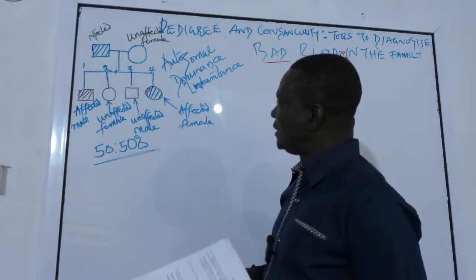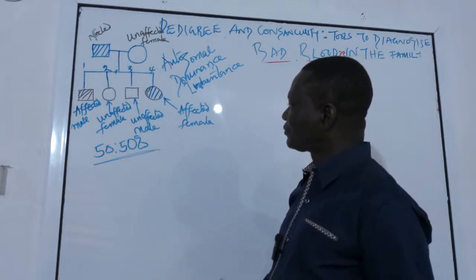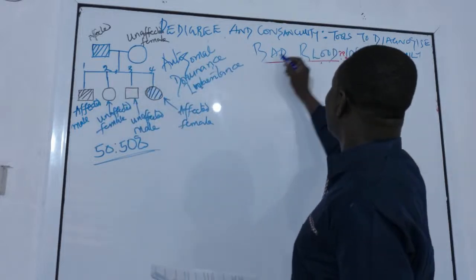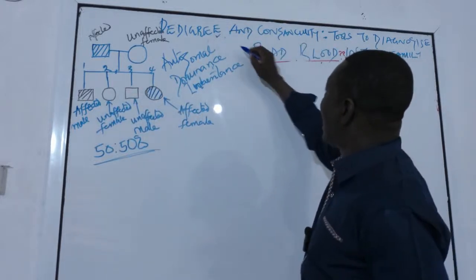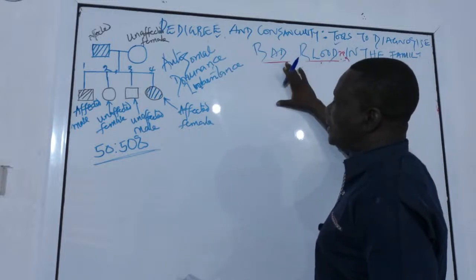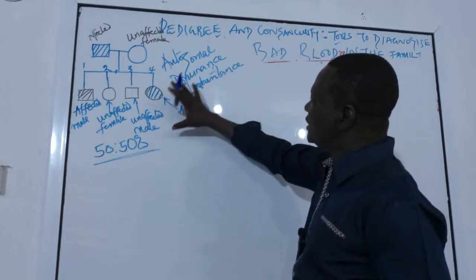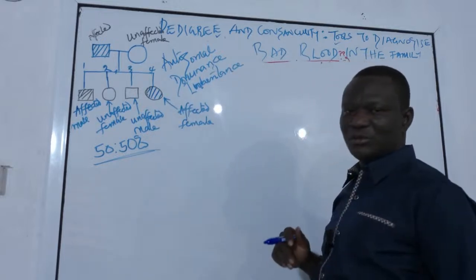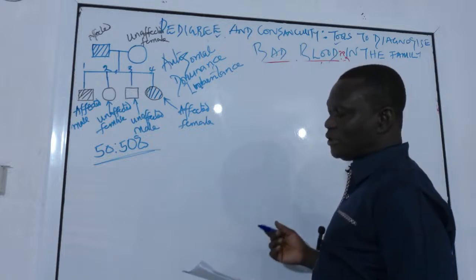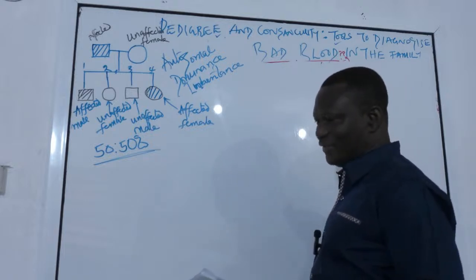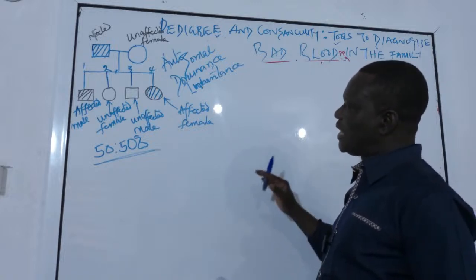And don't forget that pedigree is a tool to diagnose bad blood. Huntington disease is bad blood, which has a lot of neurodegenerative conditions, and I've listed some of the manifestations and symptoms that you can see.